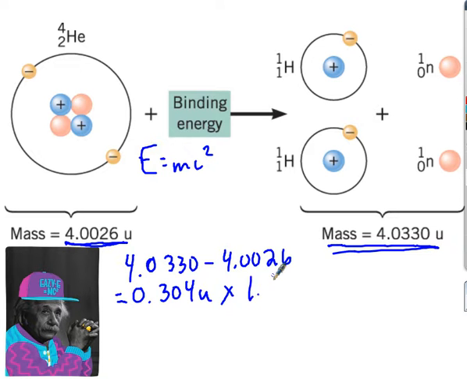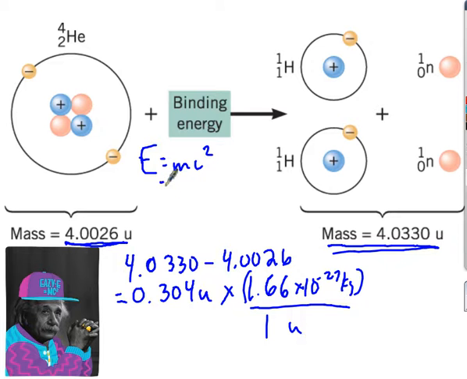So I'm going to use the value on my data sheet, 1.66 times 10 to the negative 27 kilograms, which is equivalent to 1 atomic mass unit. So I have a mass of 5.05 times 10 to the negative 29 kilograms. So that's the difference in masses.